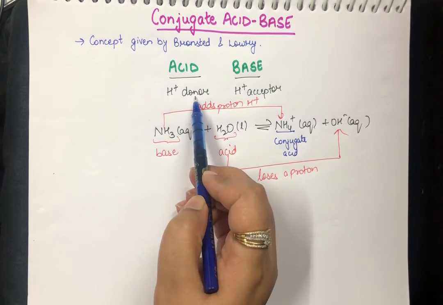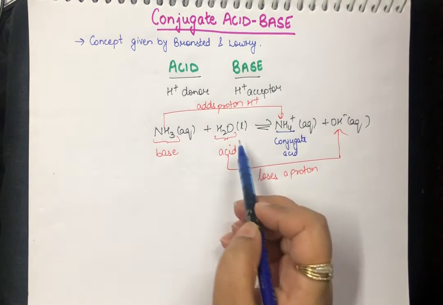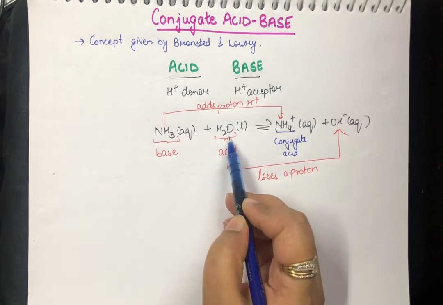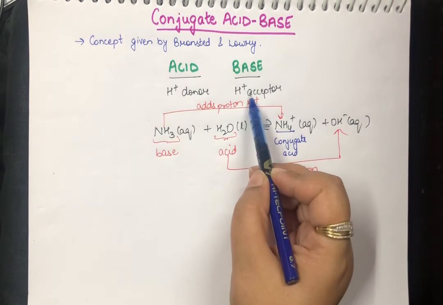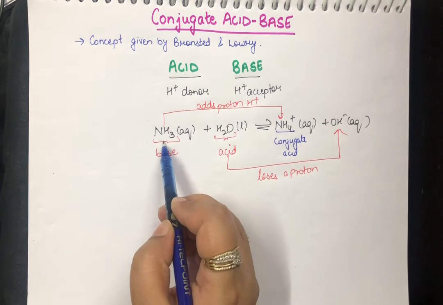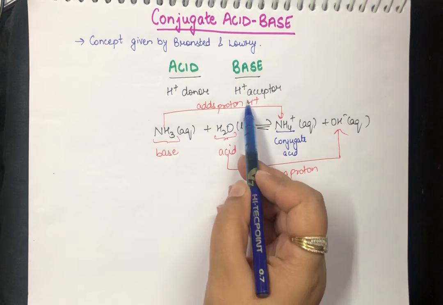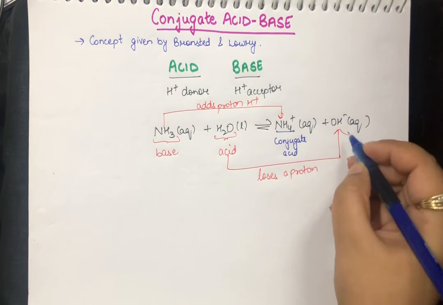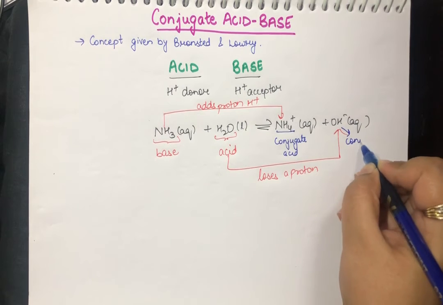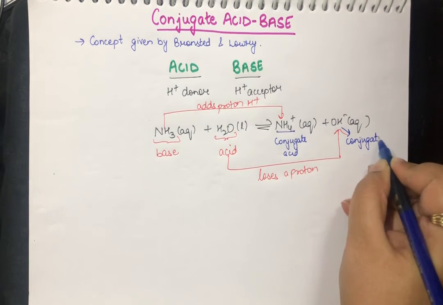Acid is an H plus donor, right? So water was an acid. It has lost one H plus and become OH minus. Base is an H plus acceptor. So NH3 accepted an H plus and became NH4 plus, forming a conjugate acid, and OH minus will be called a conjugate base.